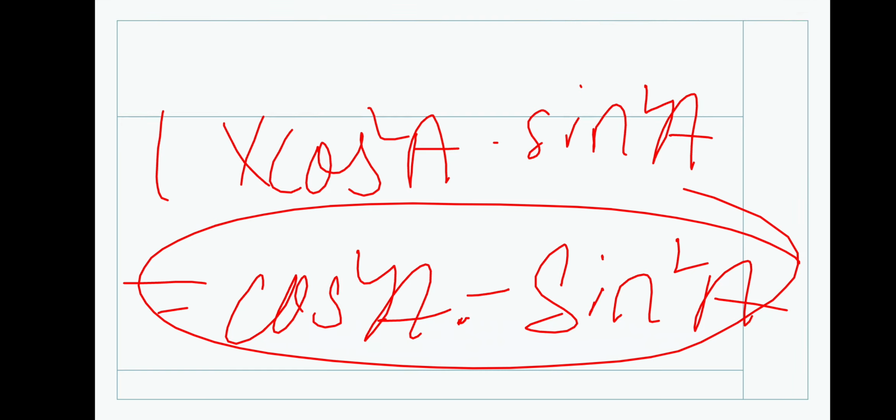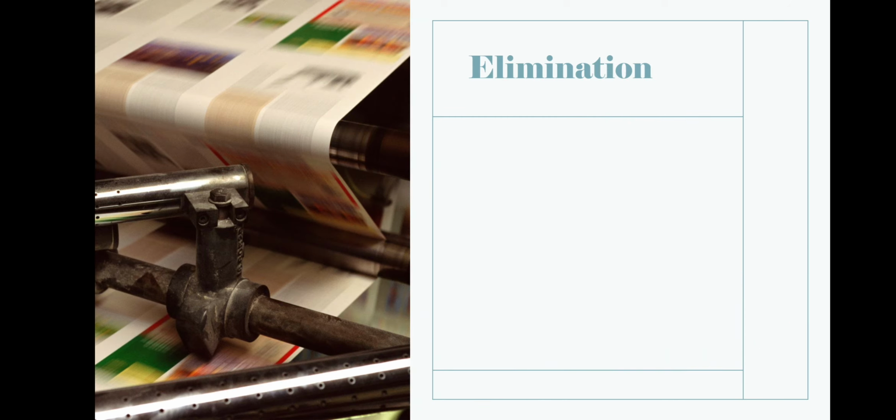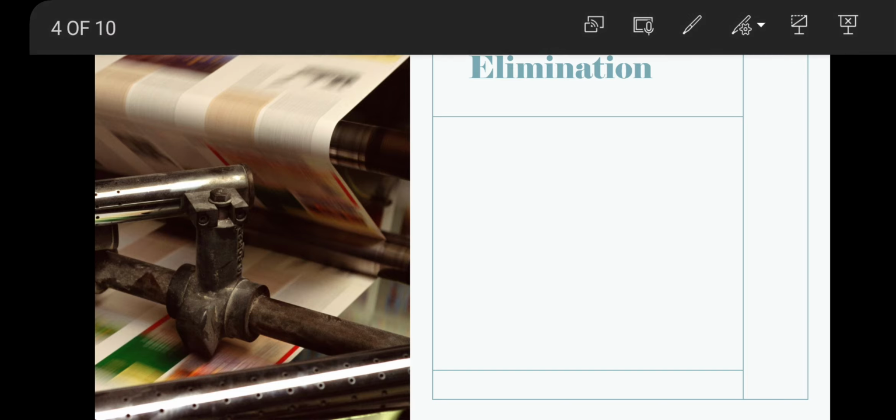Now getting into the actual topic of part 6 of trigonometry, elimination. What is the meaning of elimination? Elimination is nothing but this: between any two equations, one unknown quantity will be involved.